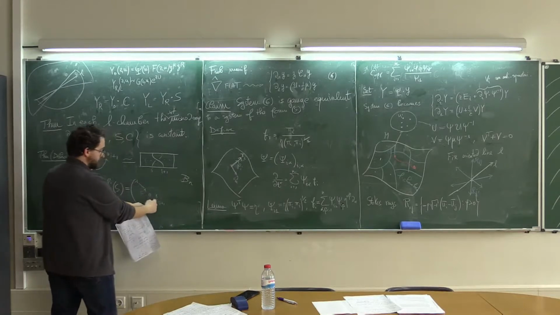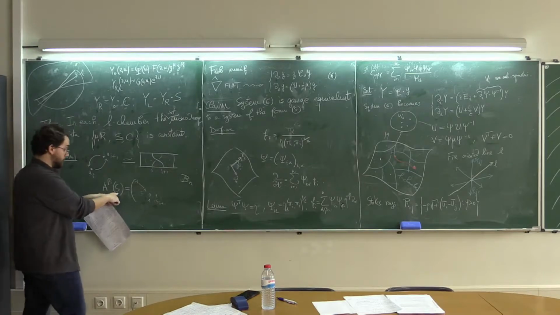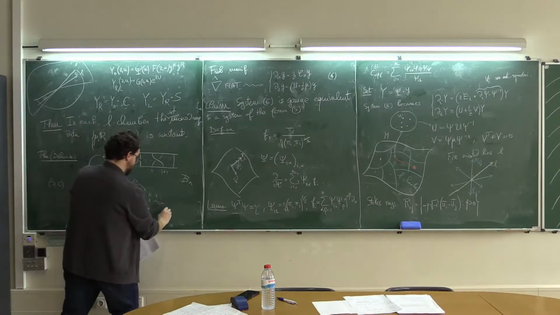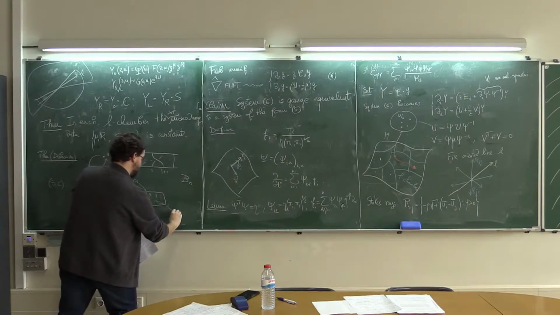That is, you take minus one of the entries of the matrix S itself, and then you have a 2 times 2 block and then 1.